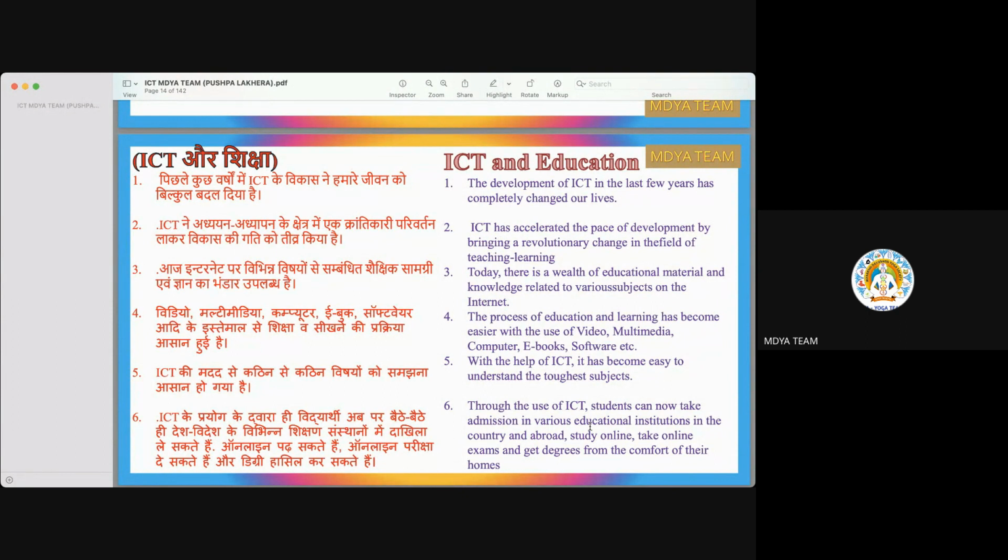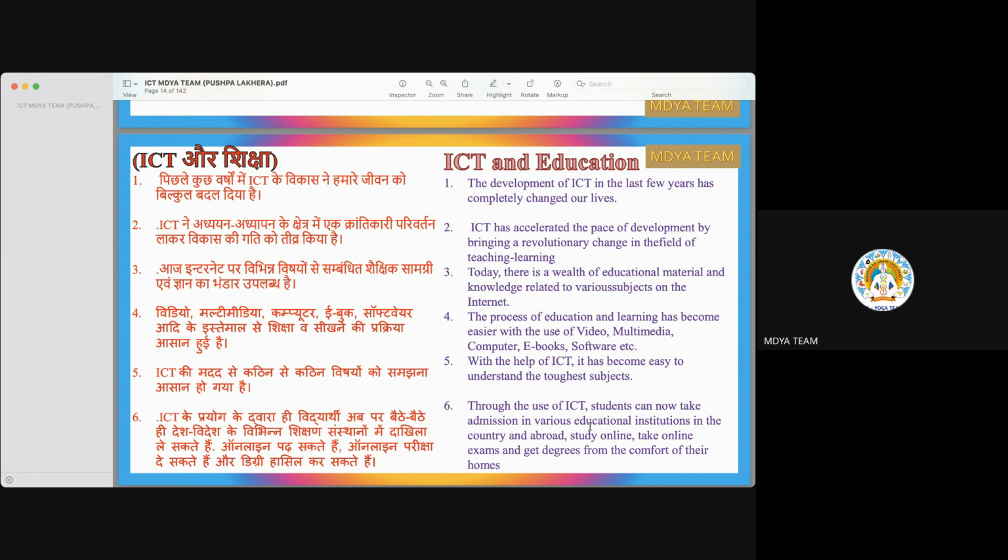Today, there is a wealth of educational material and knowledge related to various subjects on the internet. You can find each and every aspect or field. You can search and find good results using any hardware and the internet.